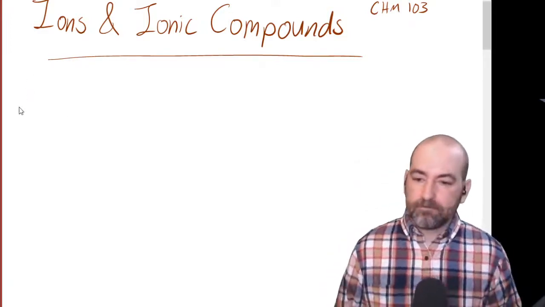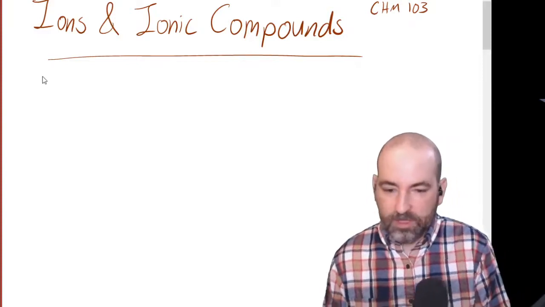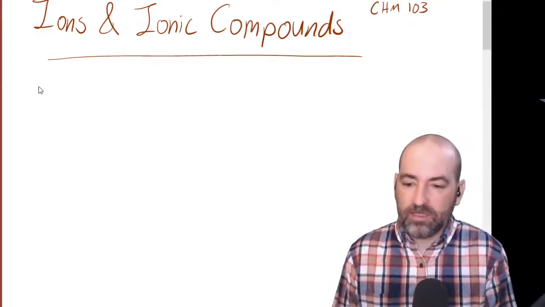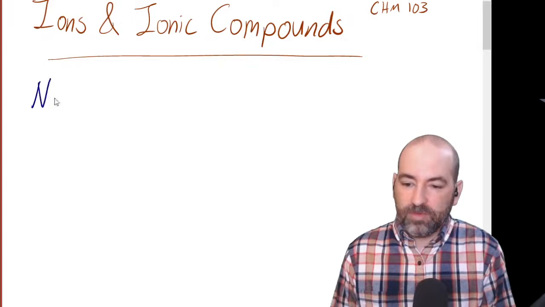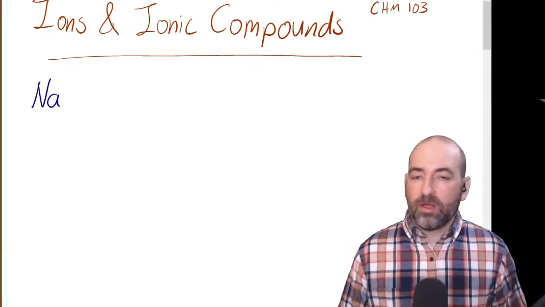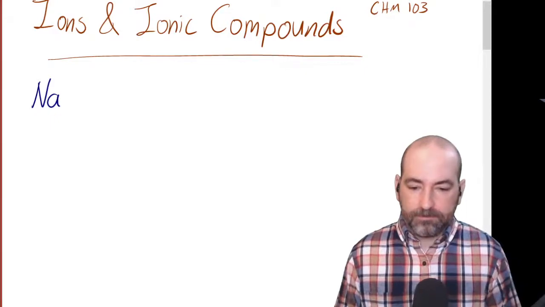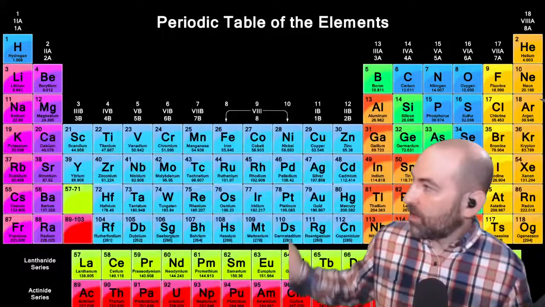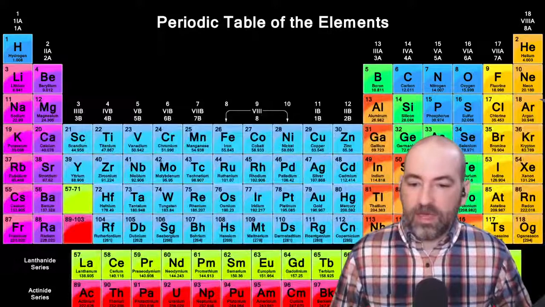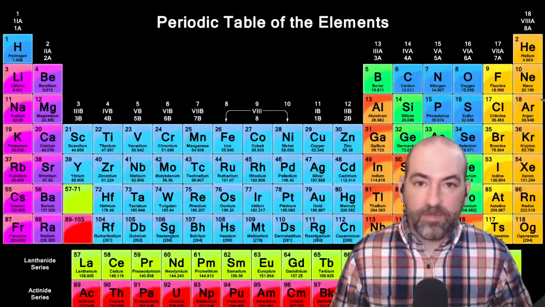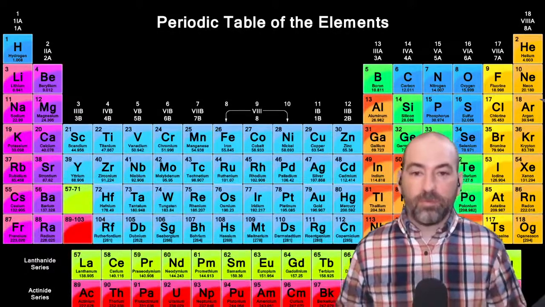So let's start with just reminding ourselves about what ions are and where they come from. If we have a sodium atom that we might write like that, then we can look at sodium on the periodic table, right over there, and you can see that it is element number 11, atomic number 11, which means it has 11 protons.